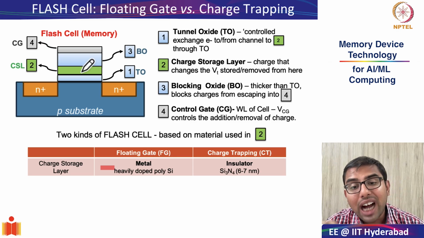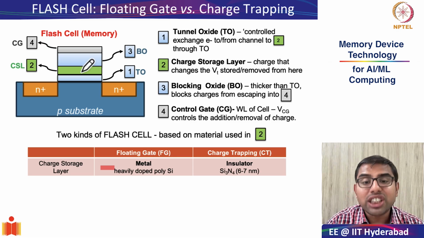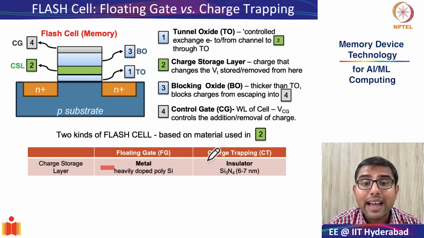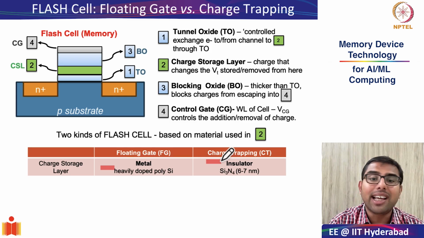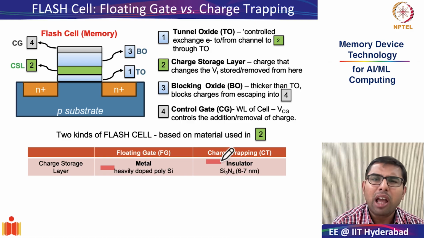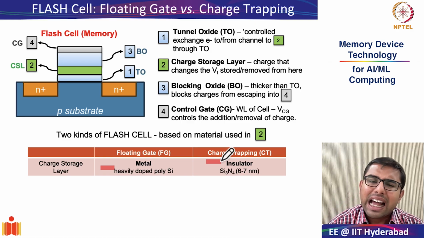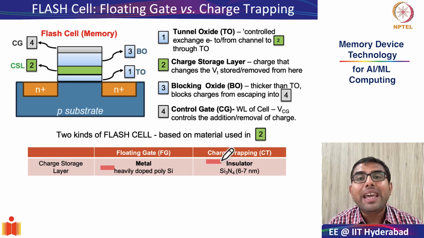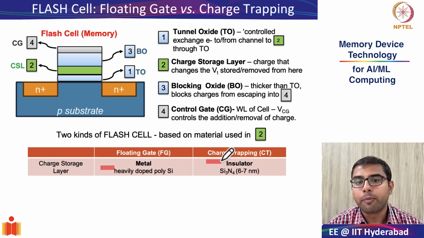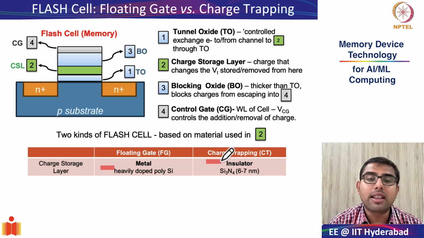Whereas for the charge trapping flash cell, the charge storage layer constitutes not of a metal, but that of an insulator. Now this insulator is also a specially designed insulator. Generally, it is silicon nitride. Why is it silicon nitride? Because it is said that silicon nitride has reasonable amount of band gap and reasonable amount of defects to be able to trap electrons into its defect levels, which are there within the band gap.